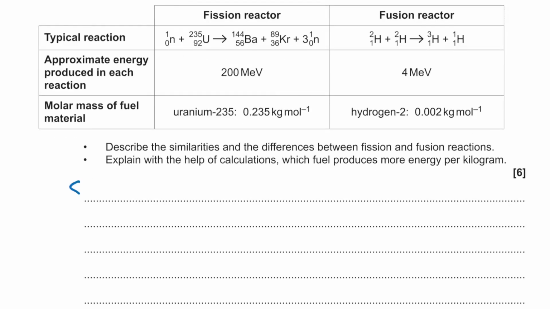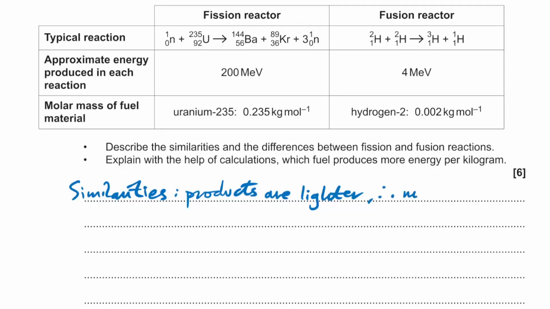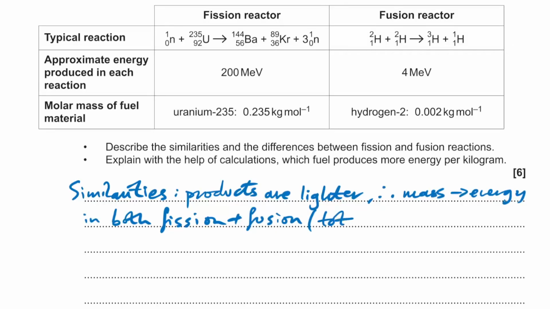Okay, so similarities. Products are lighter, therefore mass has been turned into energy in both cases. And we could also say total binding energy increased, or we might say average binding energy per nucleon as well. Differences.